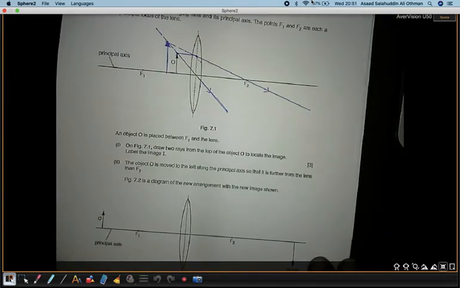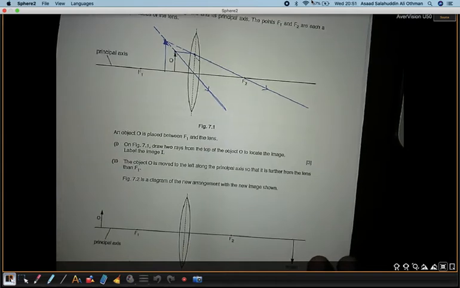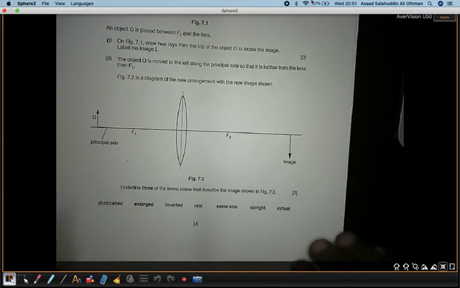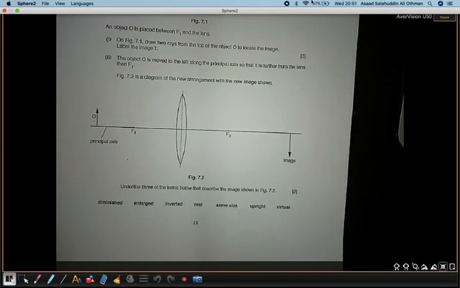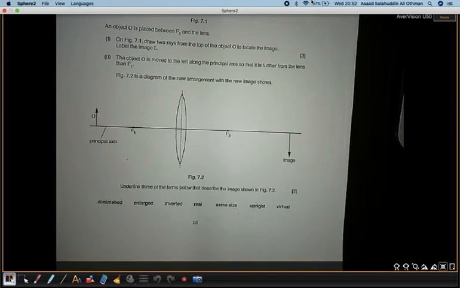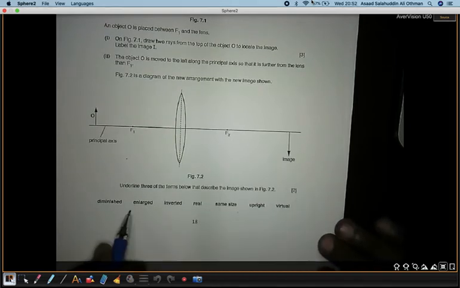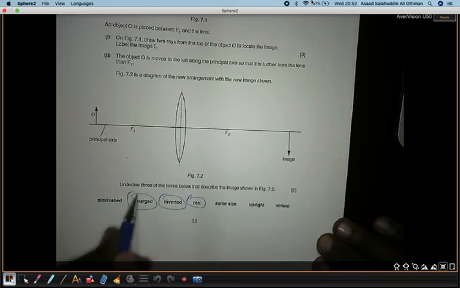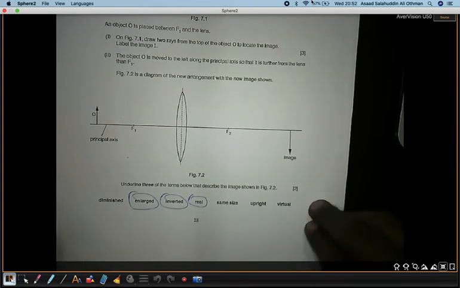Now figure 7.2. Underline 3 of the terms below to describe the image on figure 7.2. The image is real, inverted, enlarged. That's it.